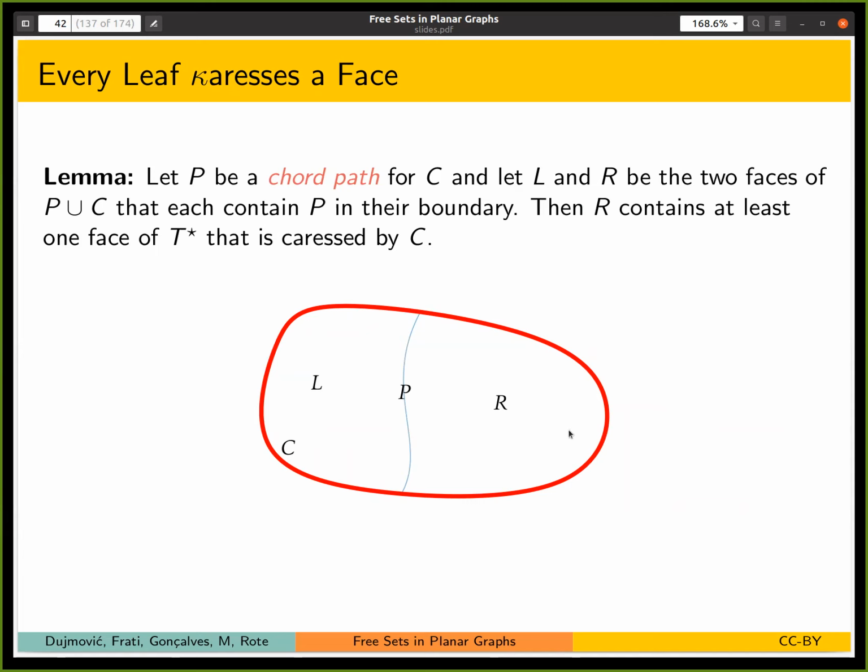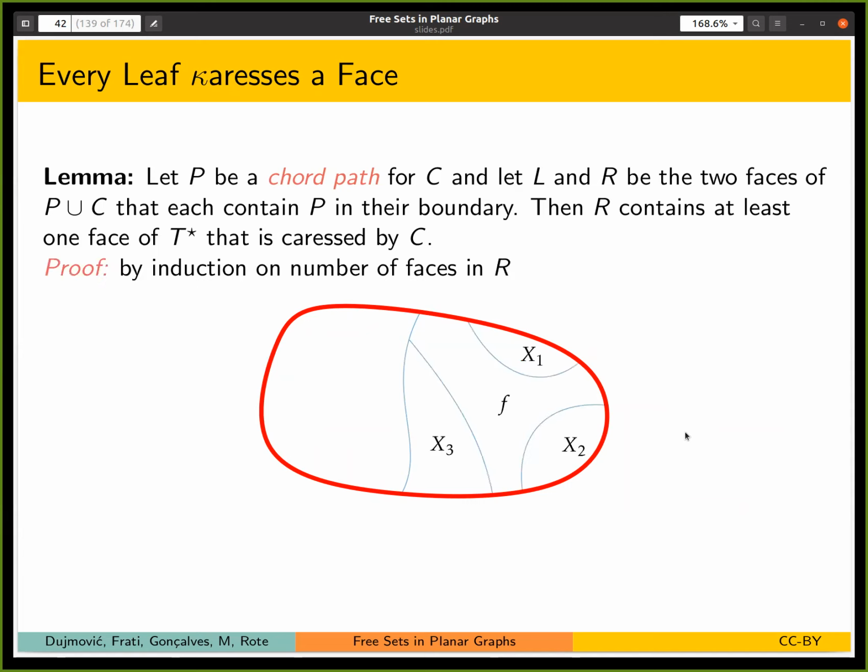Either everything on this one side is already a face, or you can look at the face that contains this corner and see that if it's not caressed, then there's a smaller subproblem contained in R that's of the same type, which essentially leads you to a leaf of the tree that has a caressed face.